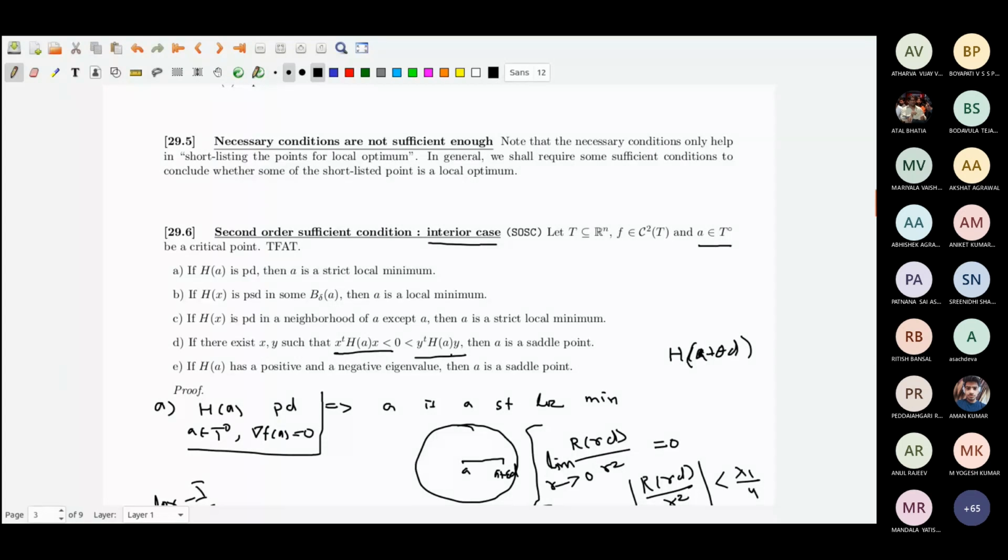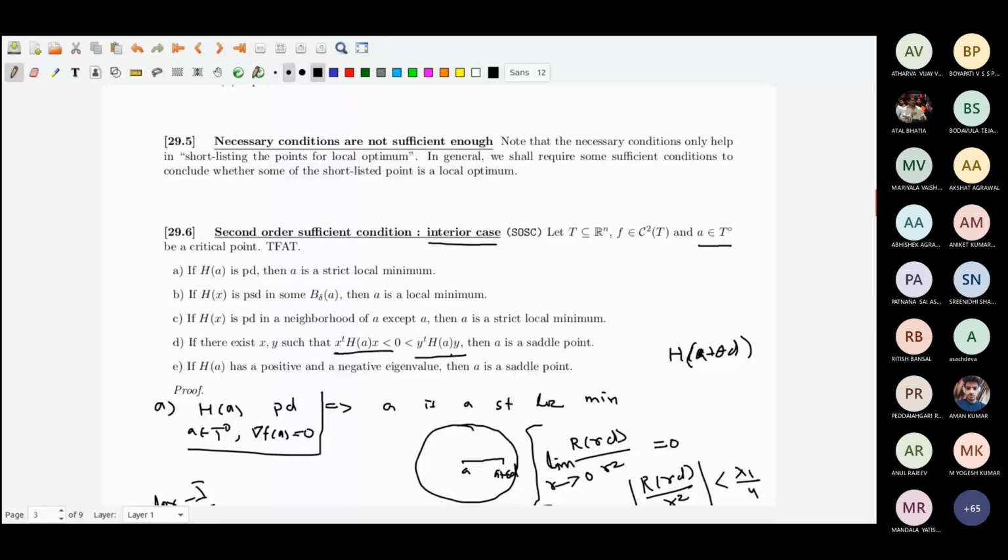Okay, if you can find two, then it basically says from A you can move a little bit in the direction of x and you can decrease the function, and you can move in the direction of y a little bit and you can increase the function. Then this point A is neither a minimum nor a maximum, so that's why it becomes a saddle point, because it is given to be a critical point from the beginning.